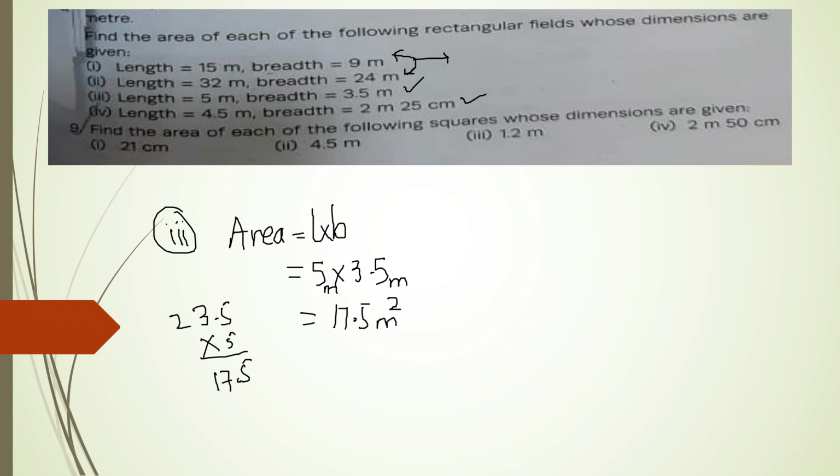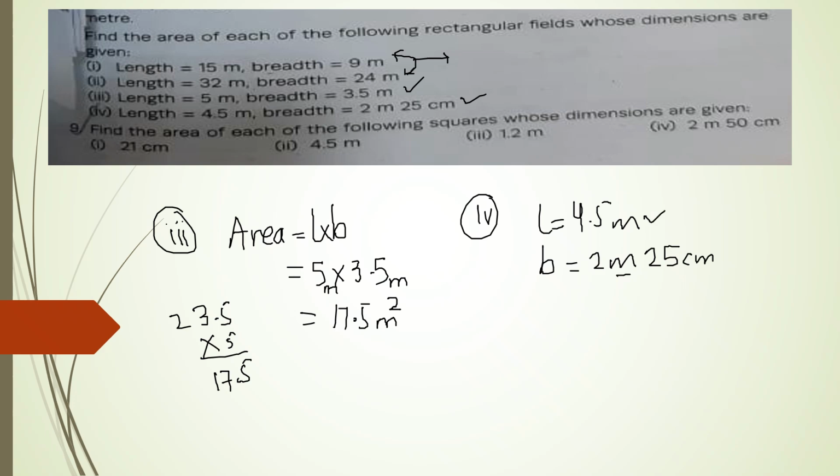Now coming to the last question, we have the length as 4.5 meters and we have the breadth as 2 meter 25 centimeter. Now here there is one problem: we have this unit in meter, but here we have mixed units.